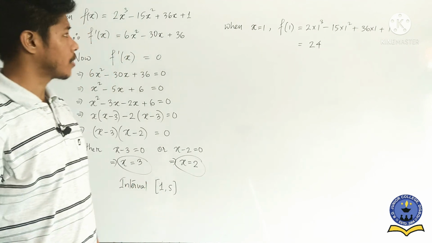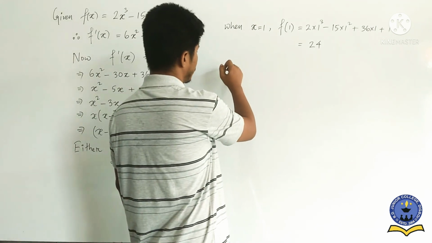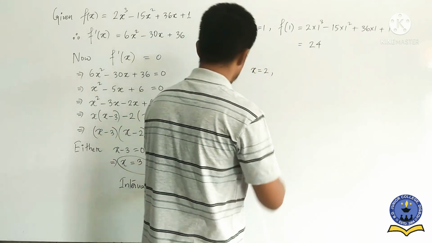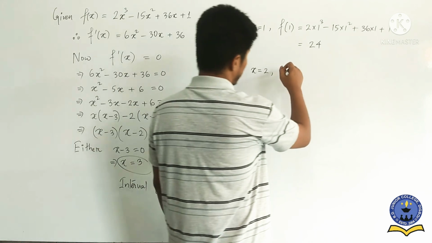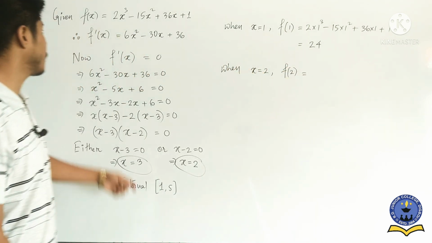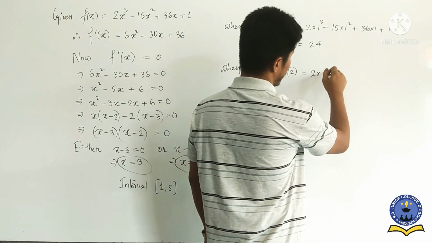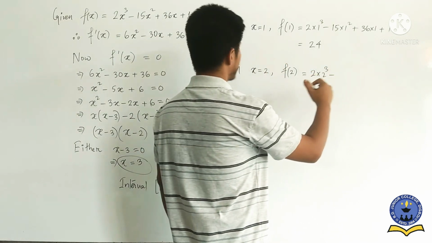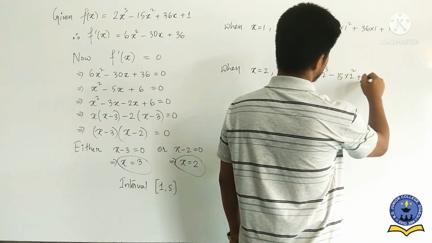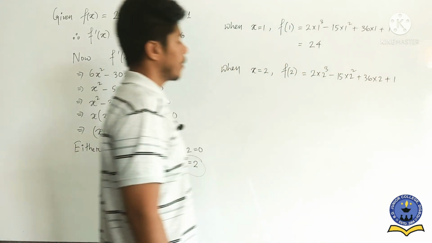Is it clear? Similarly, for the second value, when we put x equals 2, we write f of 2, which is 2 into 2 cube minus 15 into 2 square plus 36 into 2 plus 1.